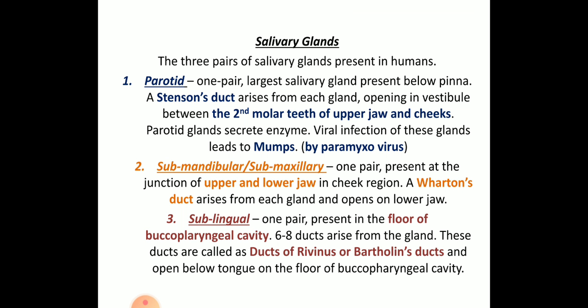Buccal means mouth, pharyngeal means near the pharynx, and there are 6 to 8 ducts which arise from them. These ducts are called ducts of Rivinus, and they open near the tongue region at the buccopharyngeal cavity. So these are the 3 different types of salivary glands which are associated with the digestive glands.